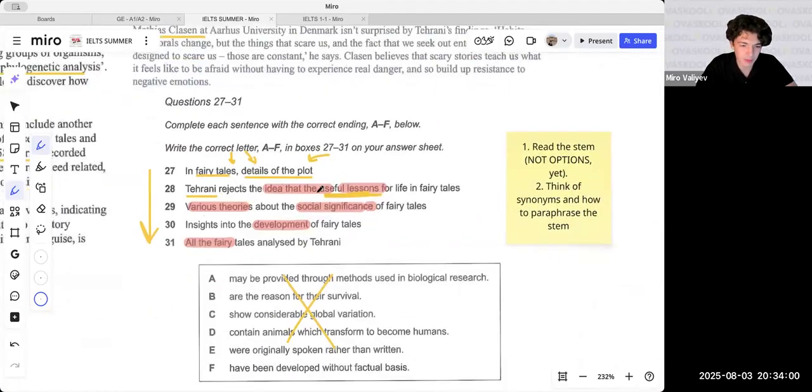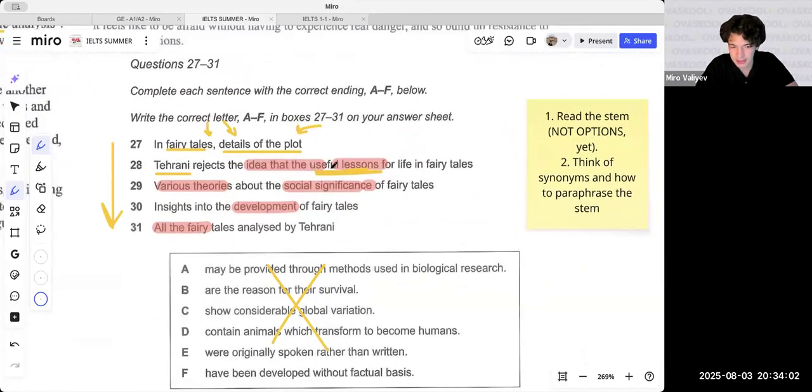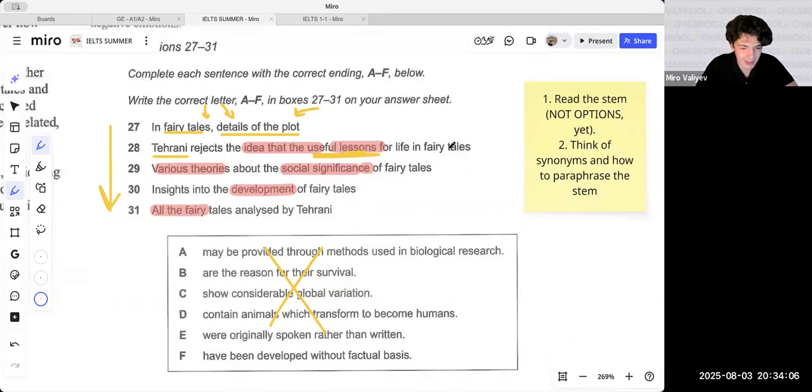So let's read this part, right? Tehrani rejects the idea that useful lessons for life in fairy tales, now we can read the options. All right, let me find the eraser. Option A: may be provided through methods in biological research. No, they didn't really mention that.